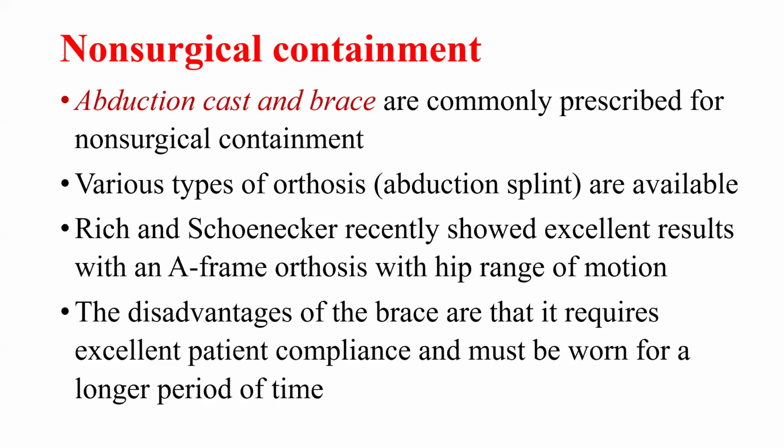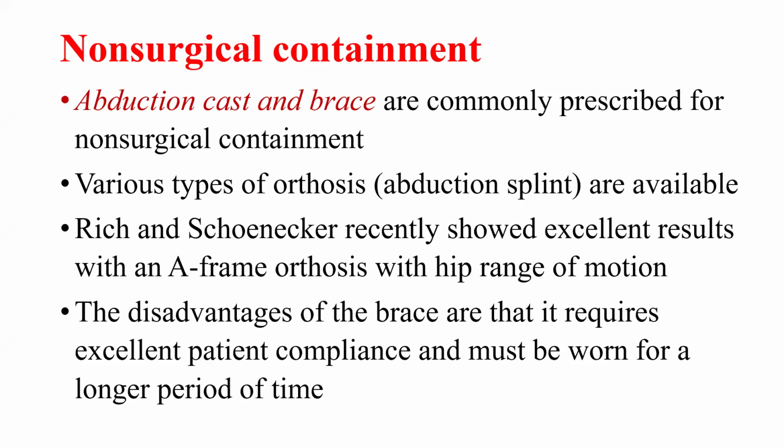Various types of orthosis and abduction splints are available. Rich and Schoenecker recently showed excellent results with an A-frame orthosis with hip range of motion. The disadvantages of the brace are that it requires excellent patient compliance and must be worn for a longer period of time.